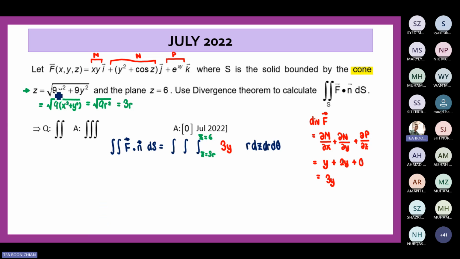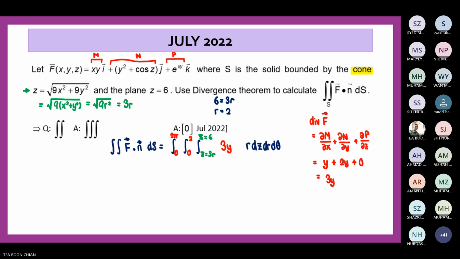Because I just expressed z equals 3r. When I transform xy into polar, I obtain z equals 3r and z equals 6. Solve them simultaneously, 6 equals 3r, then your radius is immediately 2. And therefore, r goes simply from 0 to 2. Theta for a cone shape is a full circle rotation, therefore from 0 to 2 pi.